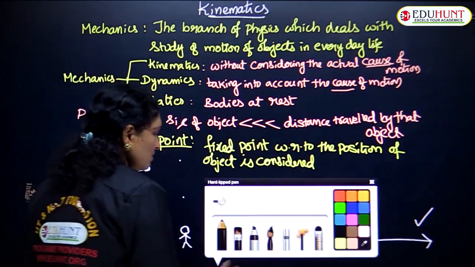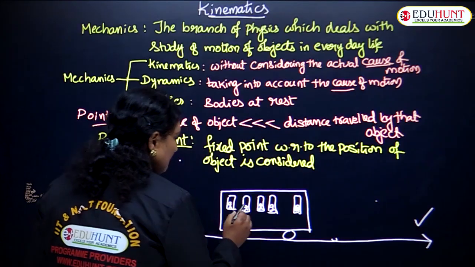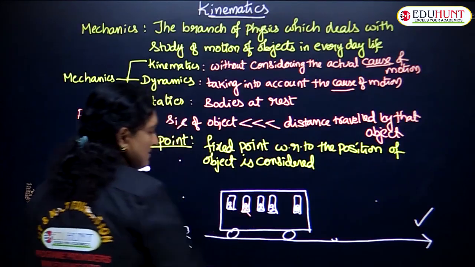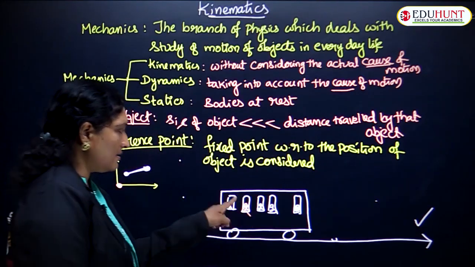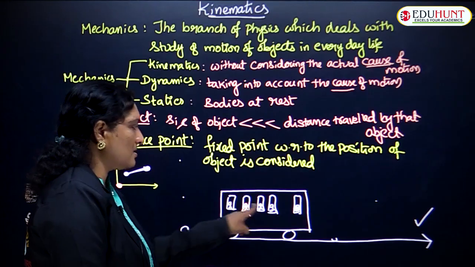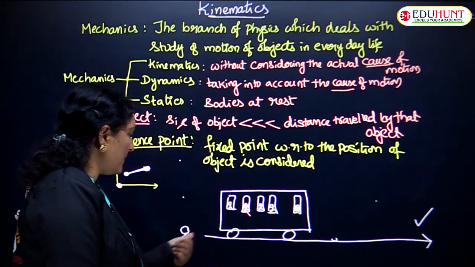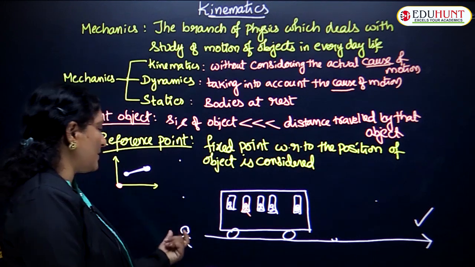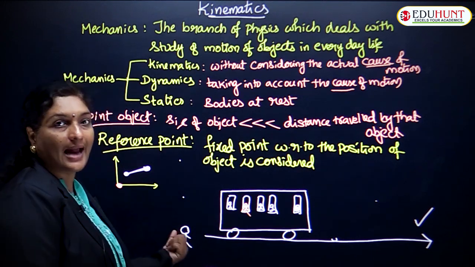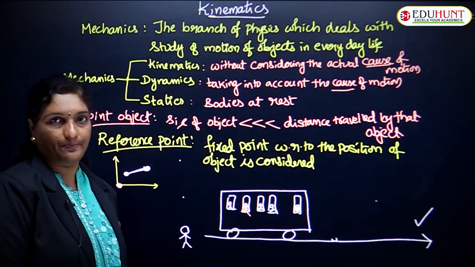So if you focus on some passenger, this passenger appears to be at rest with respect to the co-passengers, whereas the same person may appear to be in motion with respect to a person standing outside the bus.